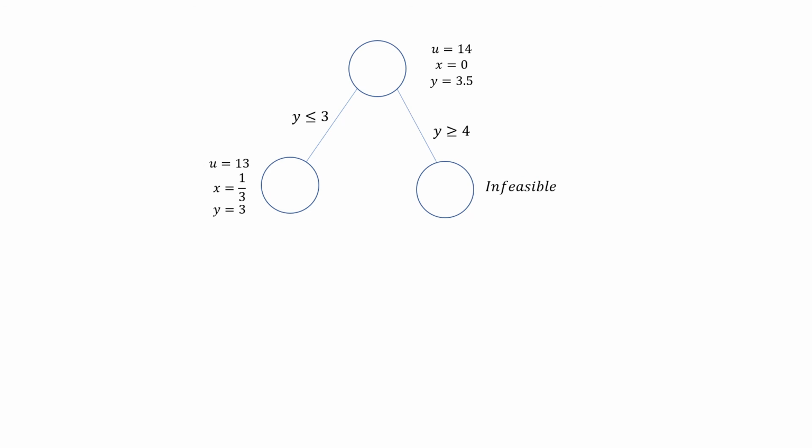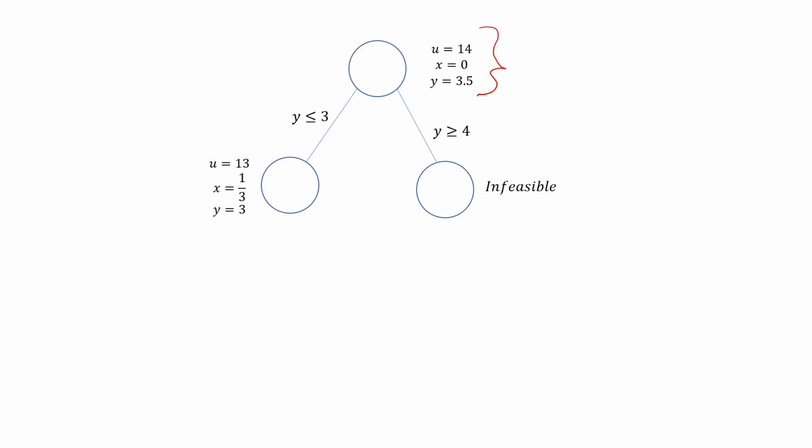So you can kind of see the solution to this. You can diagram it out. The top node represents our initial linear program, our initial linear relaxation. We end up with x equals 0, y equals 3.5. Now we want to eliminate everything where y is between 3 and 4.